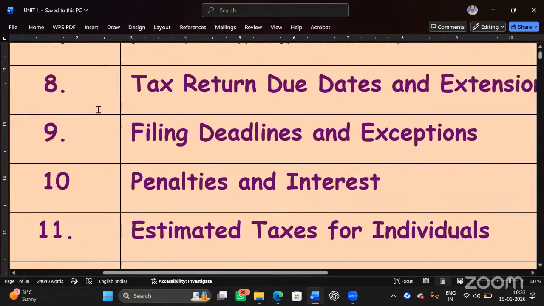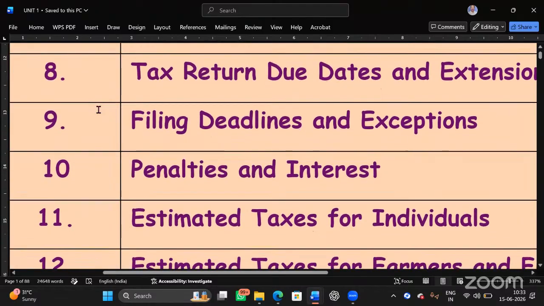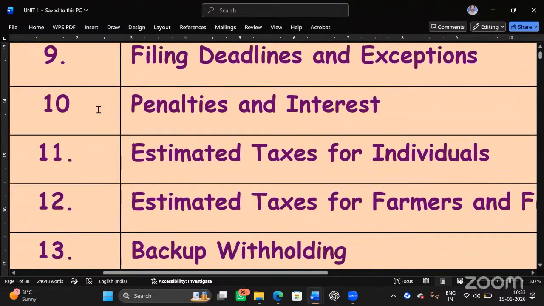Topics 8, 9, 10 are interrelated. The filing due date is point 8. Deadlines, if not satisfied, what penalty will be imposed, etc., will be covered in the 10th point. Sometimes interest also will be imposed.